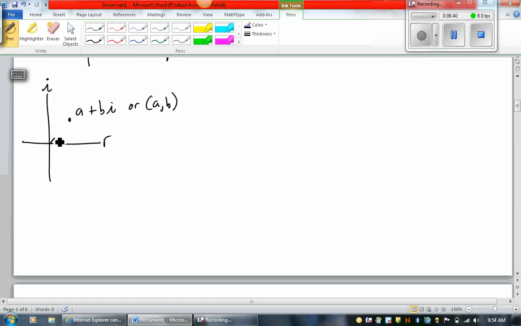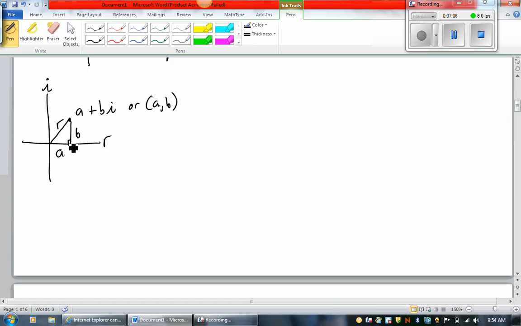And so now let's think. This distance right here, I'm going to call this distance r. And remember, that distance r is what we just found up there using the absolute value formula. And if I drop this down, here's my distance on the real axis. That's my distance a. And this is my distance b, distance on my imaginary axis. And of course, that's a right angle.